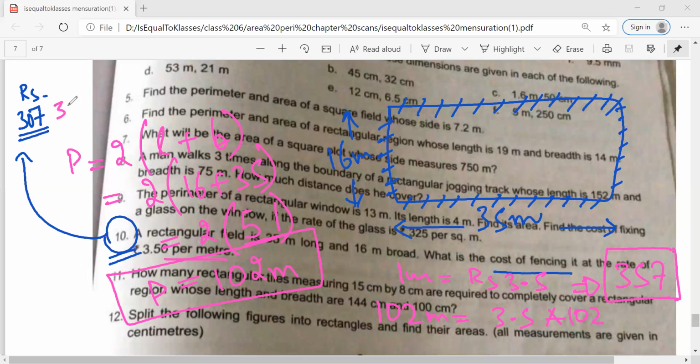Mr. Sarthak, is it 357? Sir, I just checked. It was 357. Okay, it's okay. So 357 is the final answer. Any doubt? No, sir. Mr. Satya, any doubt? No, sir.